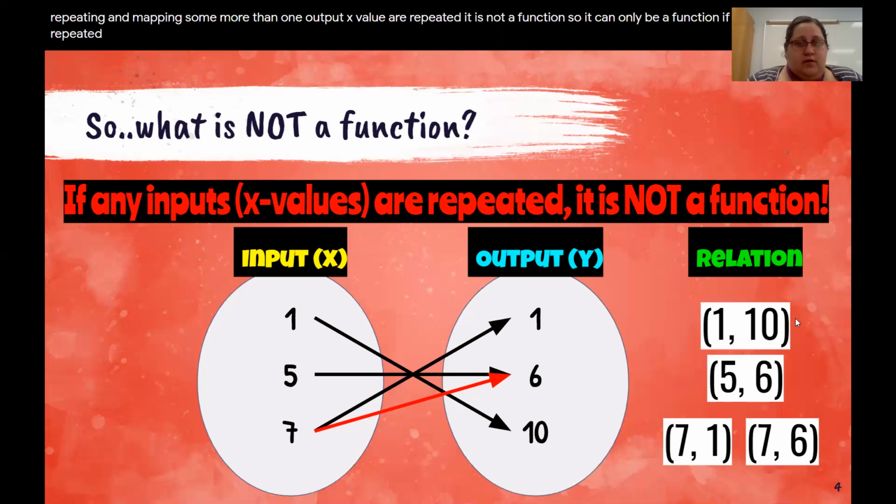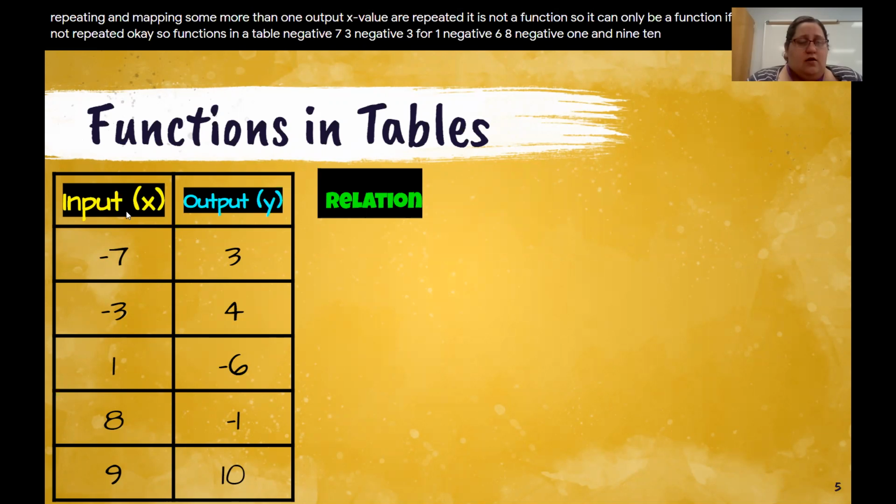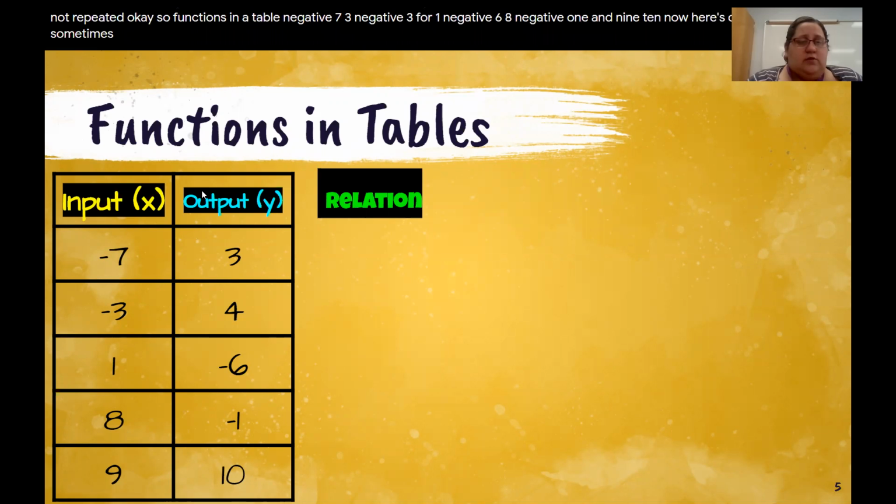Okay. So functions in a table. -7, 3, -3, 4, 1, -6, 8, -1, and 9, 10. Now, here's our x values, and sometimes when there's a table, if it's sideways, they may do y, x, so pay attention to where x is and where y is.